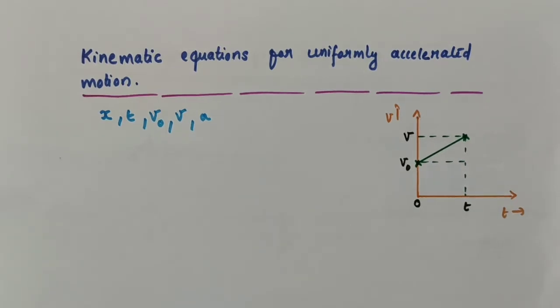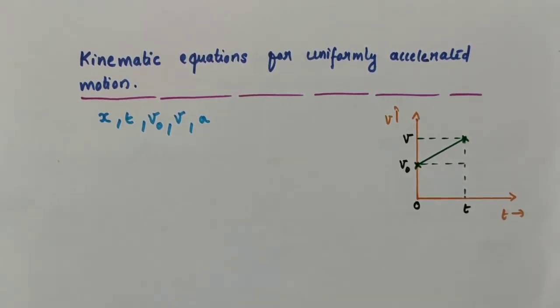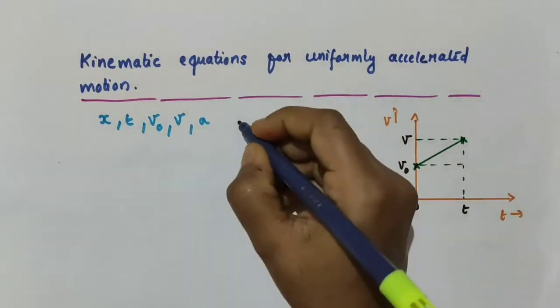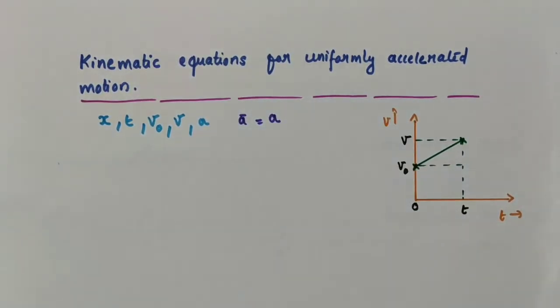So consider an object which moves with constant acceleration a. In such a situation, the average acceleration a bar will be equal to the instantaneous acceleration a.